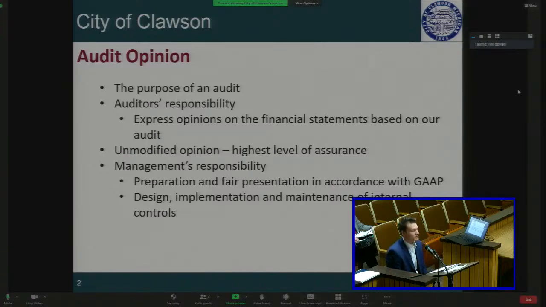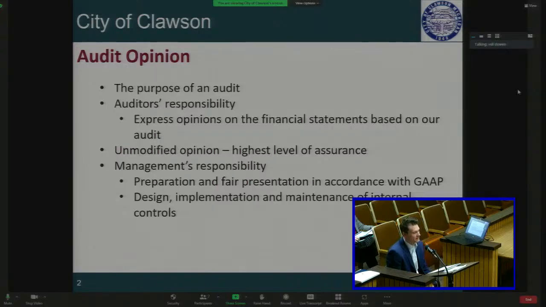The auditor's responsibility is to express an opinion on the financial statements based on our audit and based on our risk assessment. Management's responsibility is to prepare the financial statements in accordance with GAAP, and that includes the design, implementation, and maintenance of a system of internal controls that can both prevent or detect fraud or errors, and fix them in a timely manner.